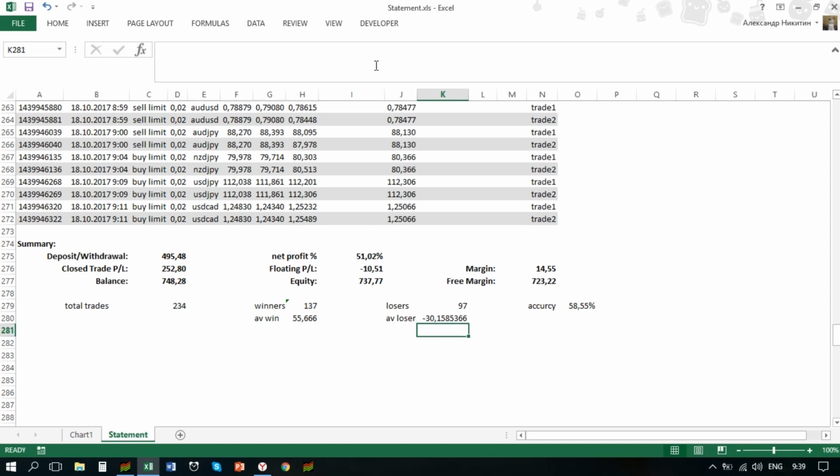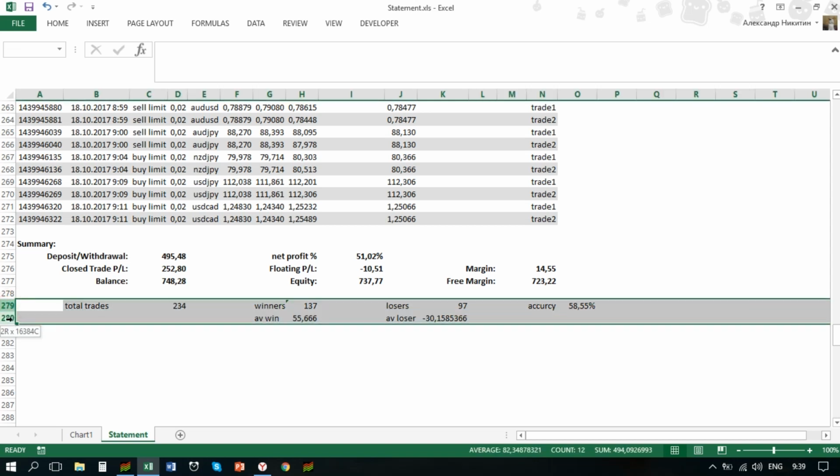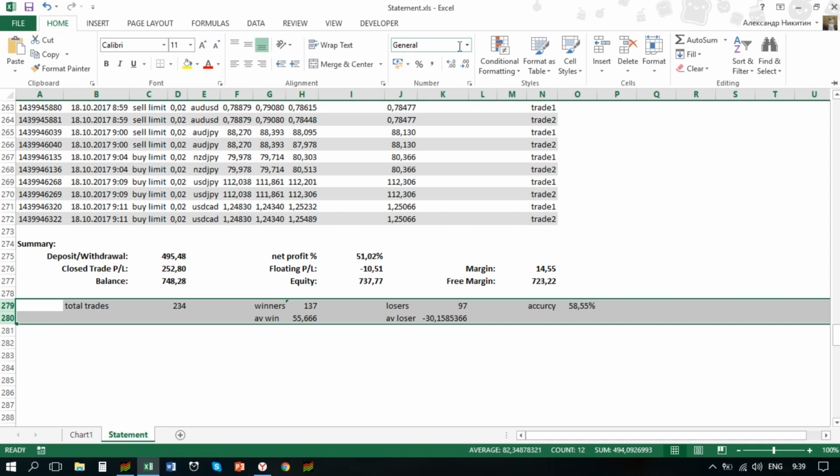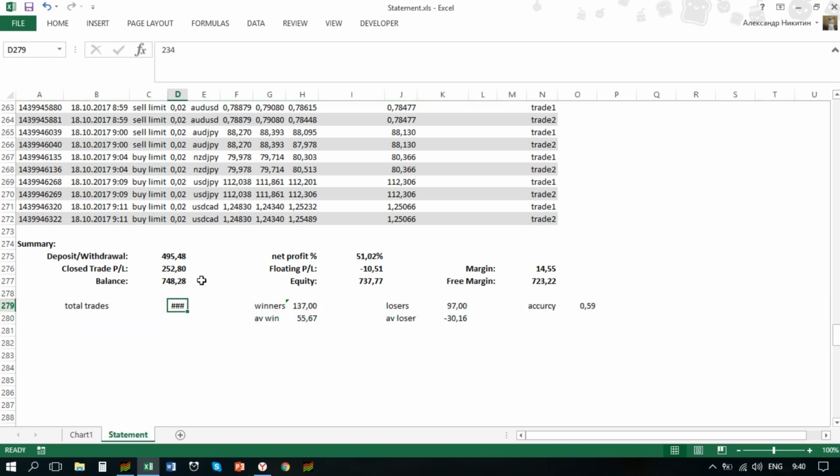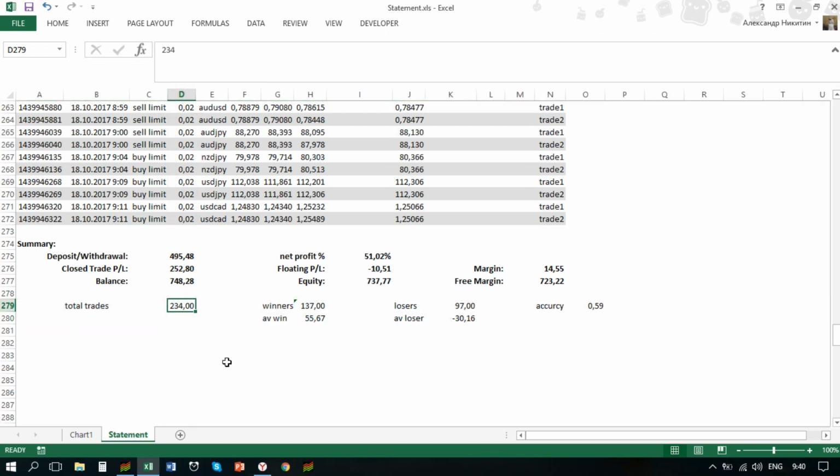Agree? Yes. Now I have an average loser. So let these lines be of number format. Perfect. Let this be this way. Okay, done. Perfect. This is the average loser.